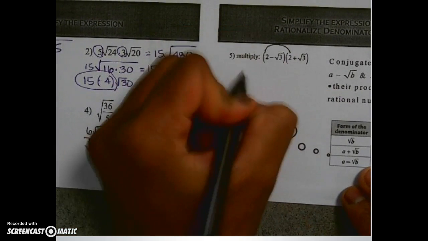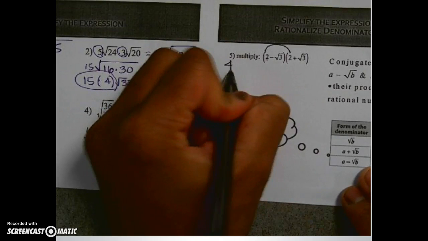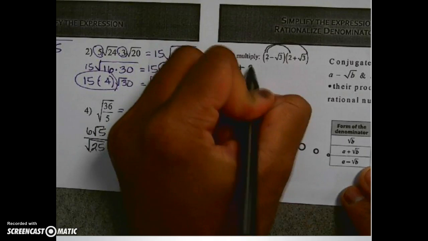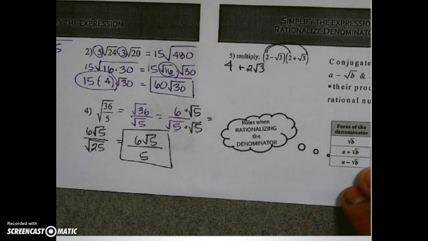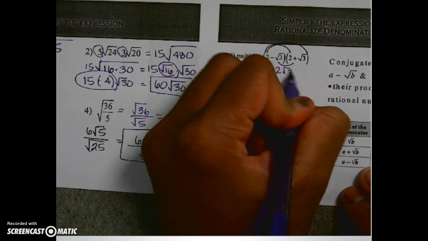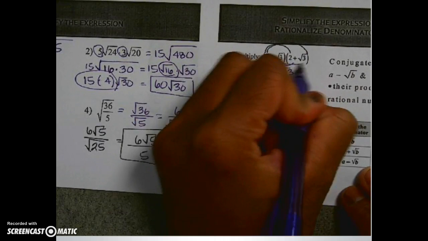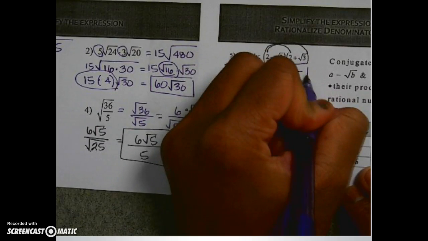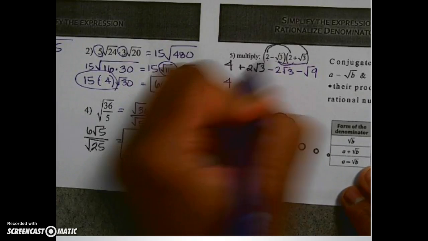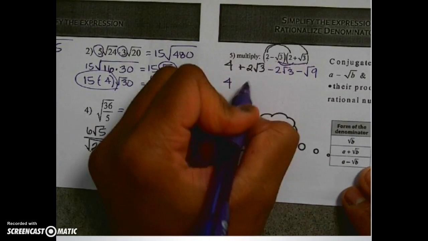First, the 2 times 2 would be 4. Outer, the 2 times radical 3 is 2 radical 3. Inner, negative 2 radical 3. Last, minus square root of 9. If that was too fast, go ahead and press pause and then just FOIL this on your own so that you're not relying on me.